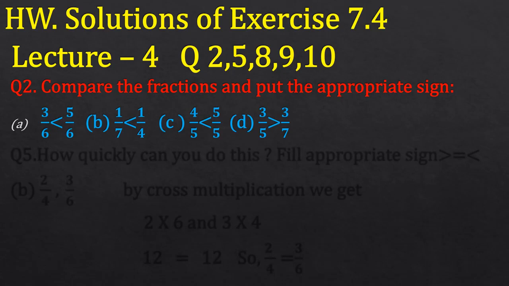See the B part. 1 upon 7 and 1 upon 4. Now in this the numerator is same, and when the numerator is same, we apply the opposite rule. What is the rule? Whose denominator is smaller, that fraction is greater, and whose denominator is greater, that fraction is smaller.